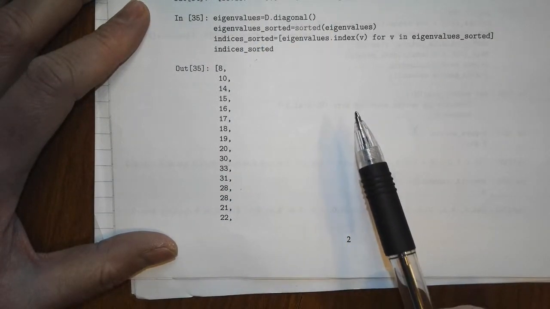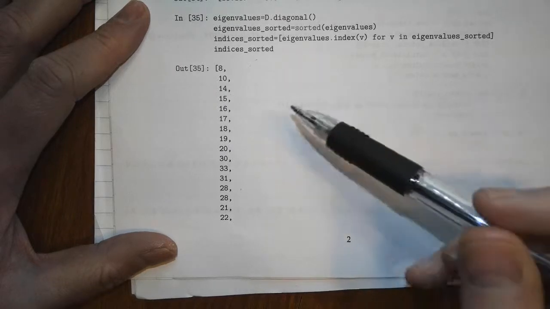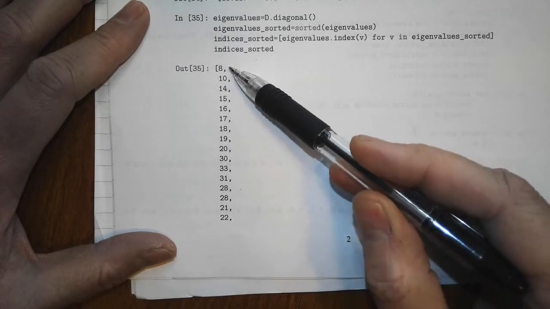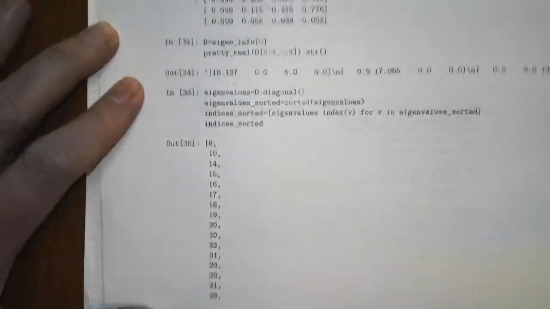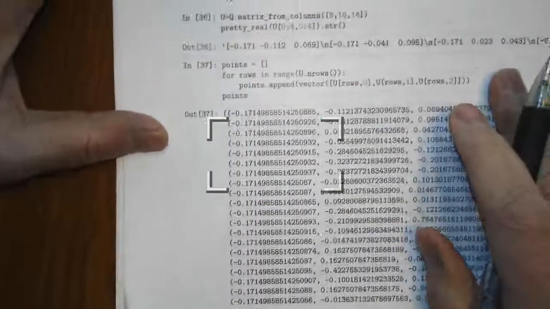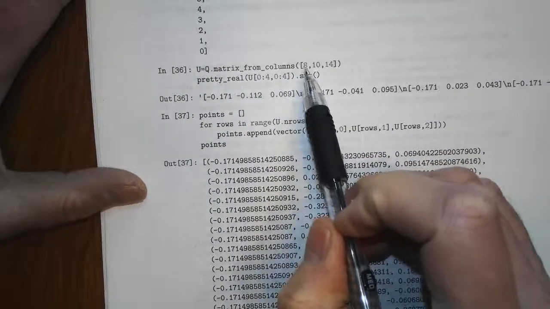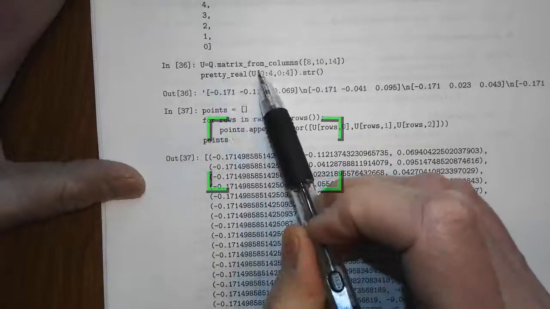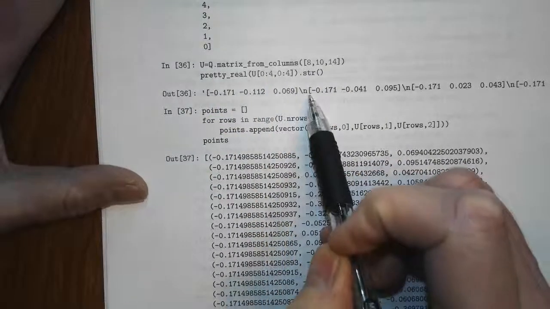In general, I won't be looking at the technology output unless there's a mistake in the answer. On exam 3, a common mistake was for people not to figure out that the 8th, 10th, and 14th eigenvalues were the smallest eigenvalues, which is why we picked off only these 3 columns from the matrix Q that made up the symmetric diagonalization.